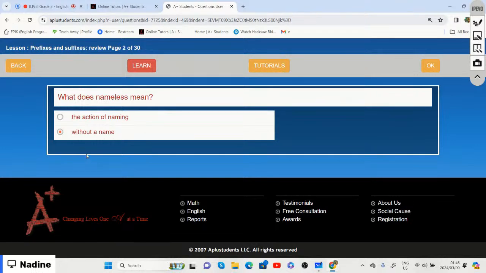All right, so nameless. Here is an example: if you have a puppy for some time and the puppy doesn't have a name, right? Then we can say your puppy is nameless.